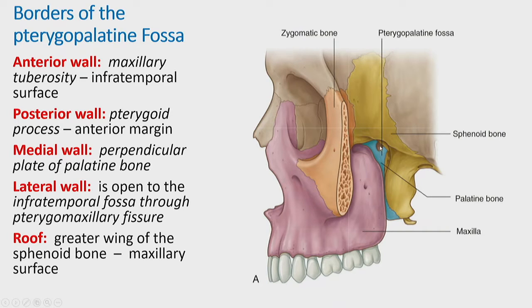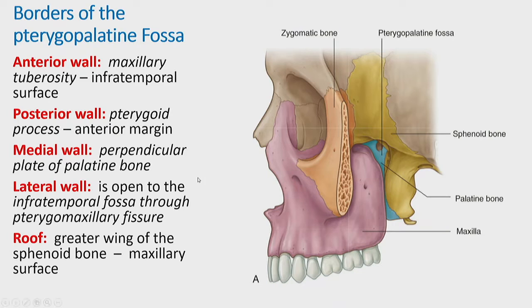And lateral wall, there is no wall. Lateral wall is open to the infratemporal fossa through the pterygomaxillary fissure. Yes? So continue medially from infratemporal fossa, you go to the pterygopalatine fossa. Continue laterally from pterygopalatine fossa, you go to the infratemporal fossa through pterygomaxillary fissure.